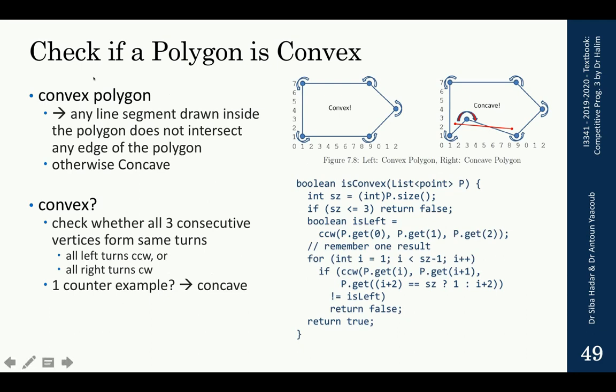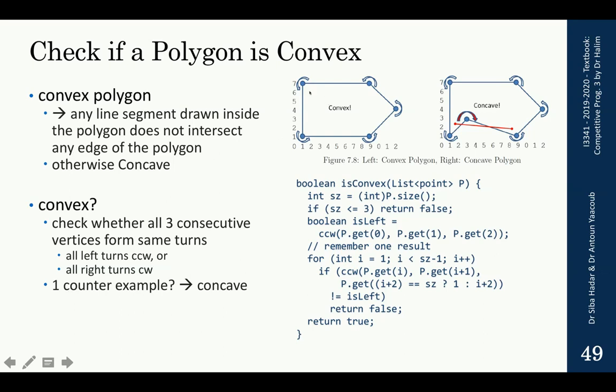Another topic in the polygon is to check whether a polygon is convex or not. So I give you a list of points and you tell me whether this list of points is clockwise or counterclockwise. You have to tell me if this polygon is convex or not. What is the idea? What is a convex polygon? A convex polygon, just like on the left side of the figure from the textbook, is one where any line segment drawn inside the polygon does not intersect any edge of the polygon.